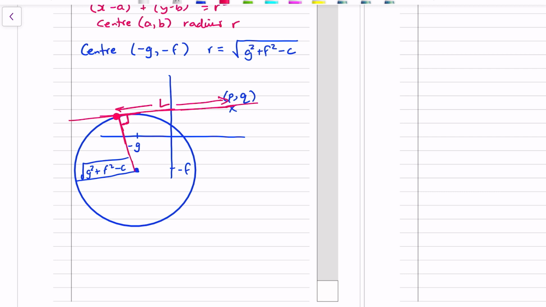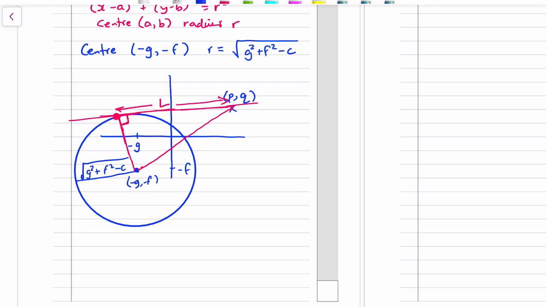And we also know this length, because that length, which is the hypotenuse of that right angle triangle, is simply the distance between two points: the point (negative g, negative f), the centre, and the point (p, q).